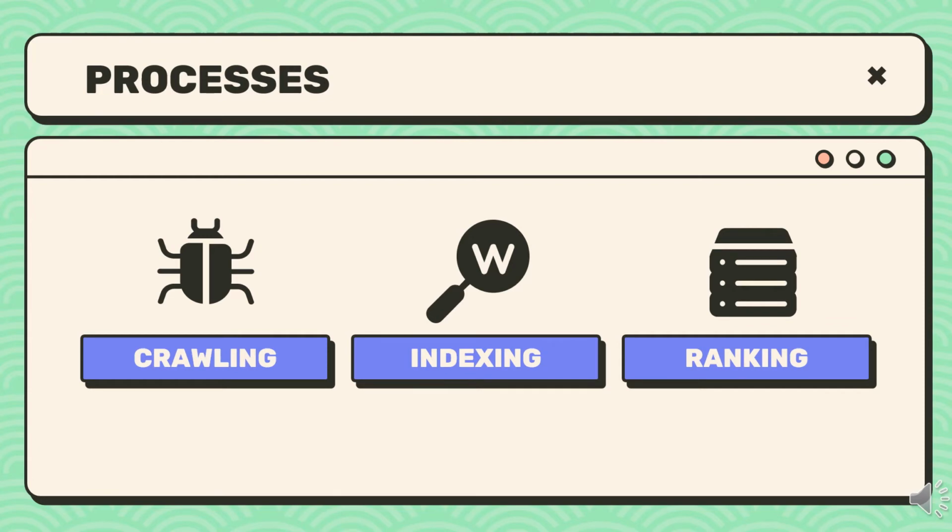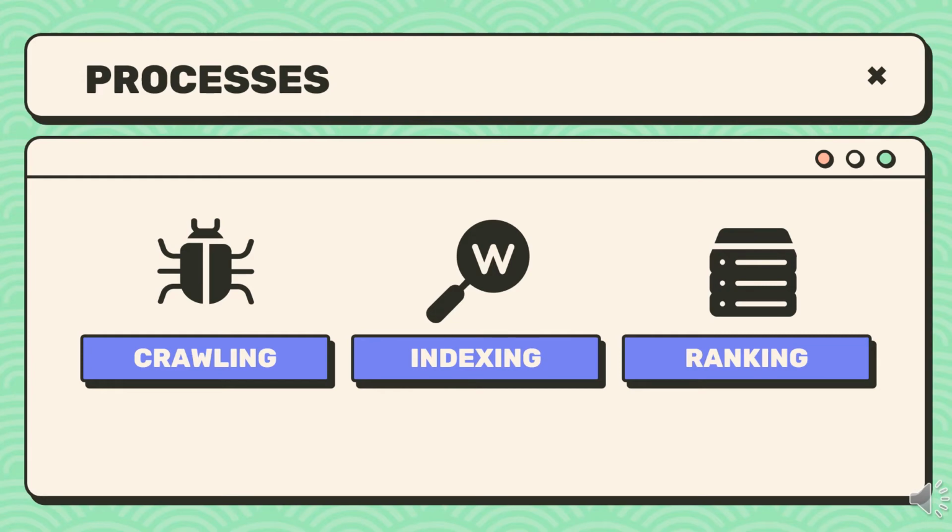Now remember that all these search engines operate in a similar manner. And this process can be broken down into the following steps. Number 1, crawling. This is the process of examining the content that they have permission to access. Number 2, indexing.